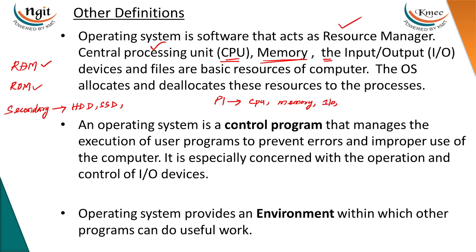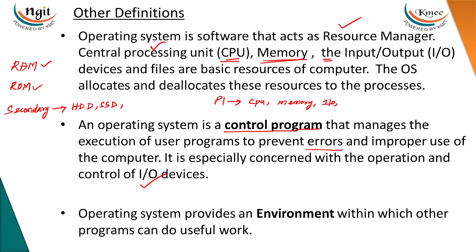Next, it is also called a control program, which is used to manage the execution of processes. If there are any errors, it will find the errors. Especially it concerns the control of IO devices. How many input output devices are assigned to a process, how many CPU cycles are assigned to a process, and how the process is executing, from which device the process is moving, everything is controlled by operating system.